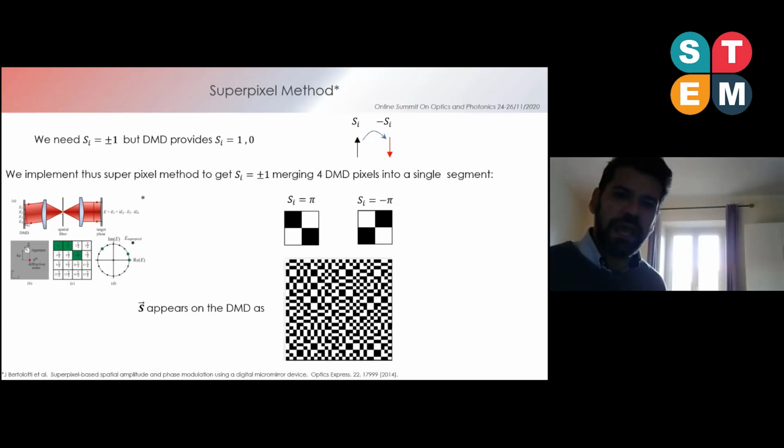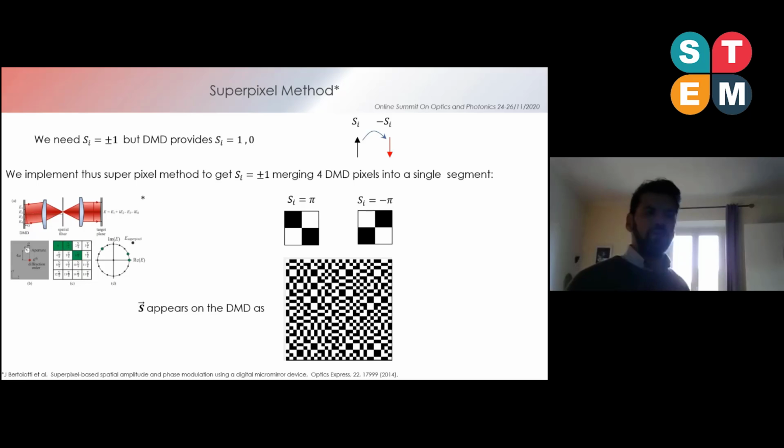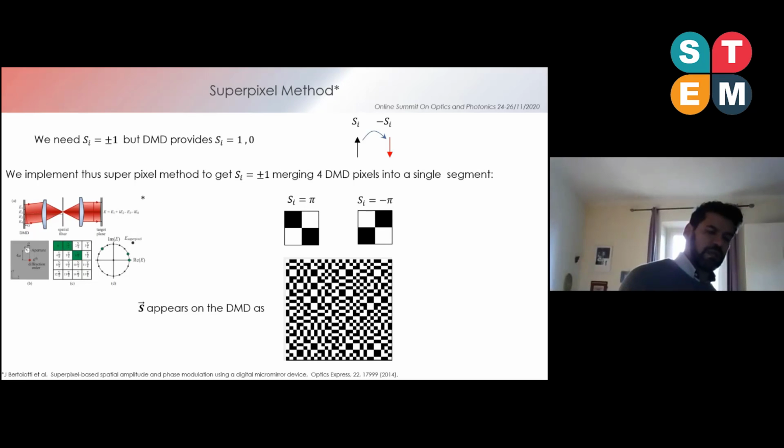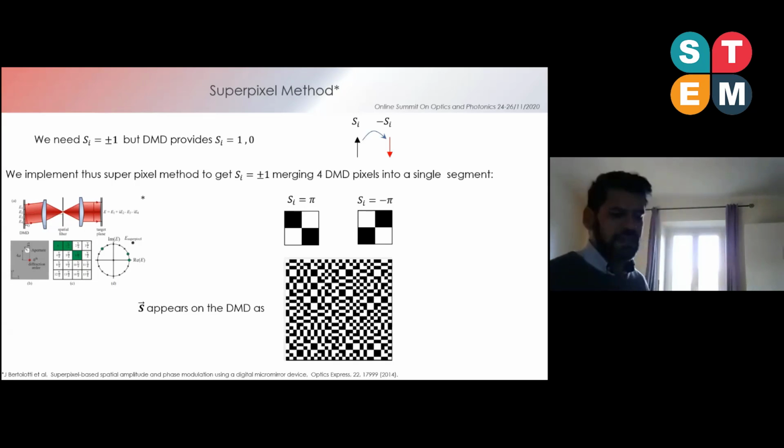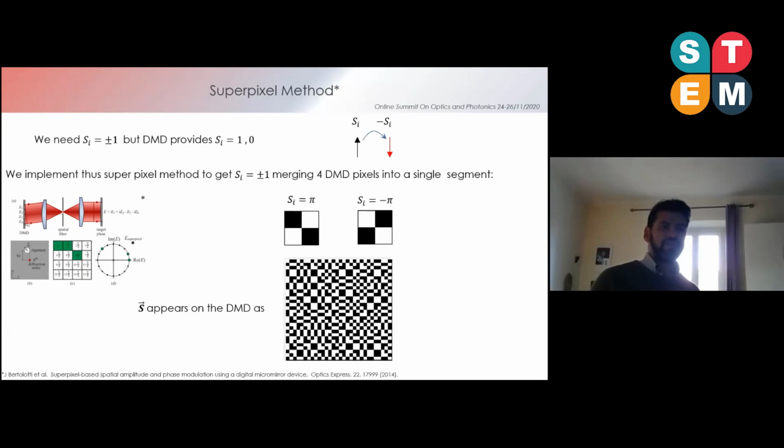Actually, I have to add a detail, because I imagine that all the people who are experts with DMDs will be raising their eyebrows. A DMD is a digital micromirror device, a structure made of many mirrors, and each mirror can be tilted in one direction or another direction.